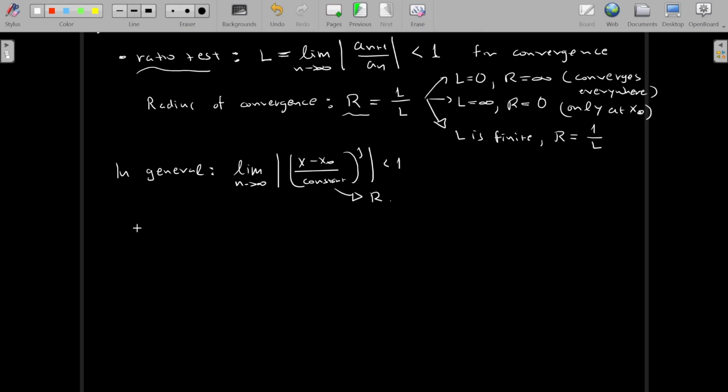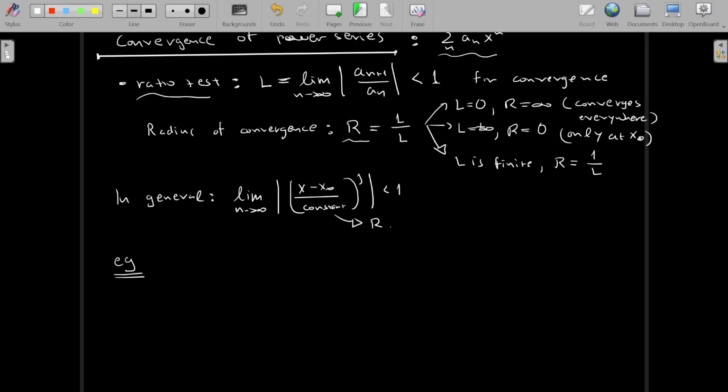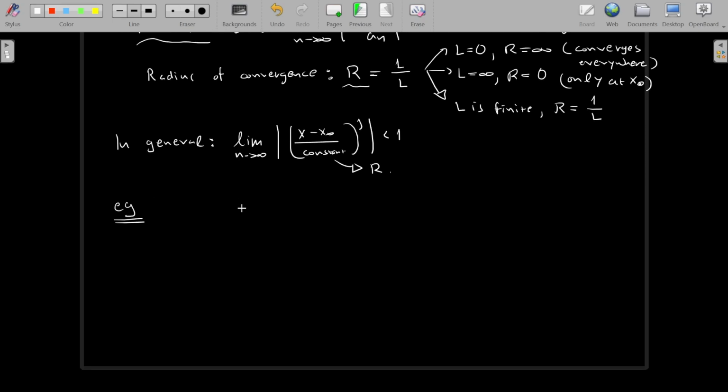And let's get to an example. We'll see one of its examples to make a point. Imagine we have the power series sum from n equals 0 going to infinity of minus 1 to the n, x to the 2n plus 1 over 2n plus 1 factorial.